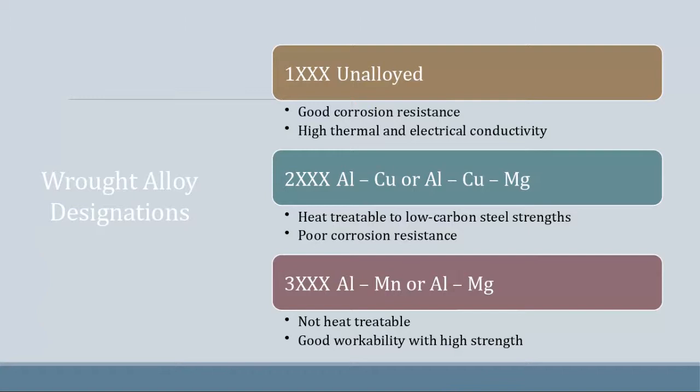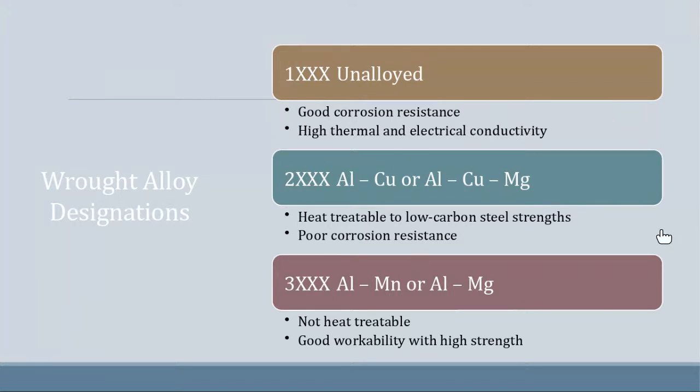So wrought alloy designations kind of fall similarly. A 1000 series is an unalloyed aluminum product. Good corrosion resistance, high thermal and electrical conductivity, no problem.